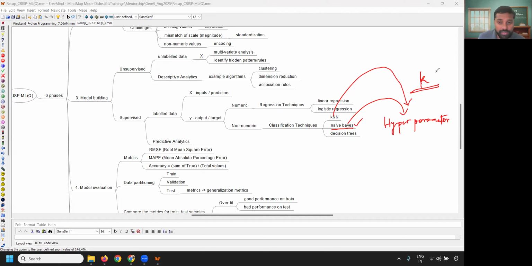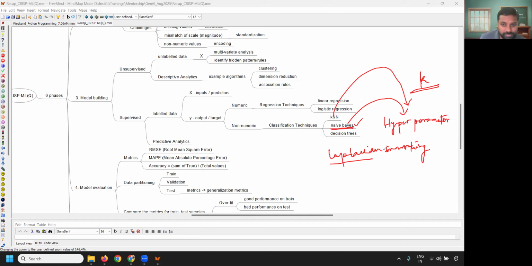And in Naive Bayes, we have something called Laplacian smoothing, the smoothing parameter. Laplace, remember?